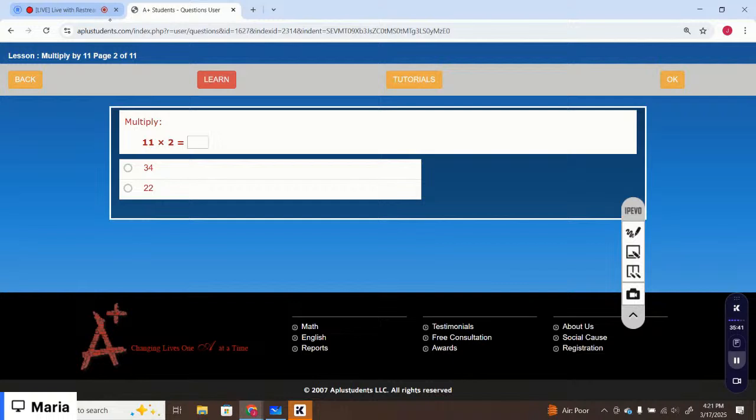Again, 11 times 2. So either it is 2 times 11 or it is 11 times 2. The answer is exactly the same, right? So 11 times 2 equals 22. It is option number 2 is the correct option.